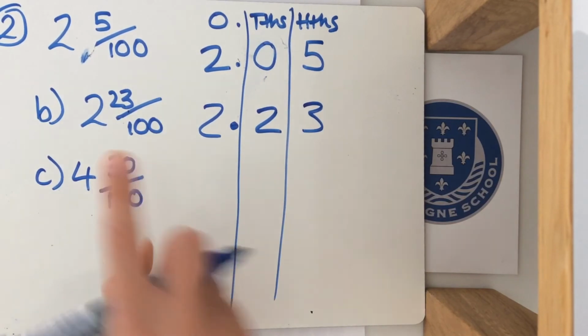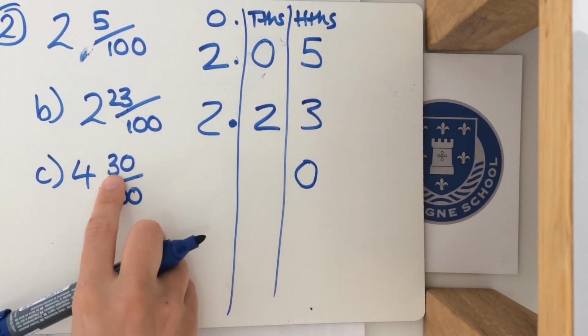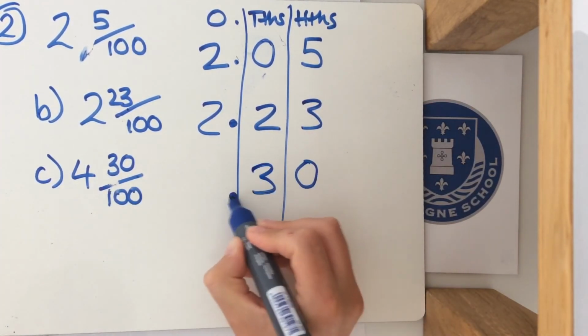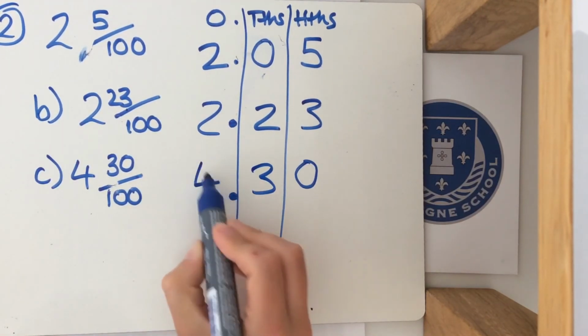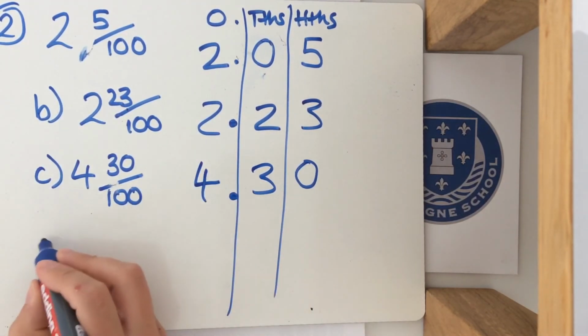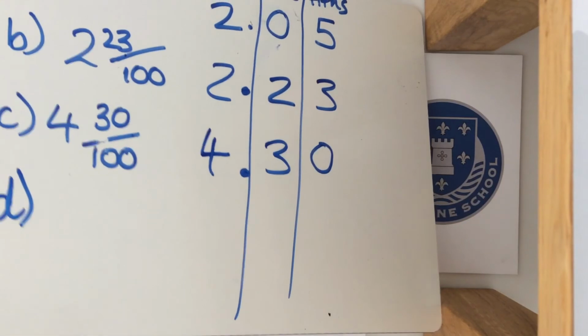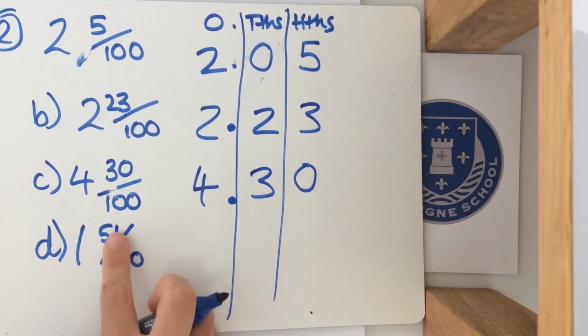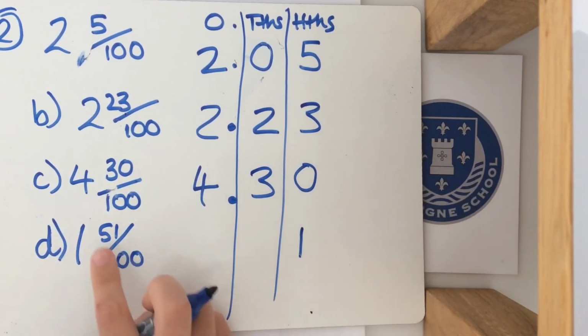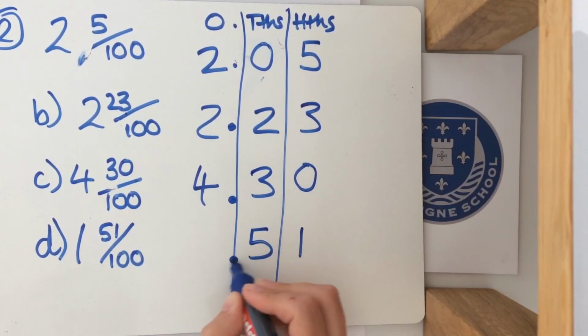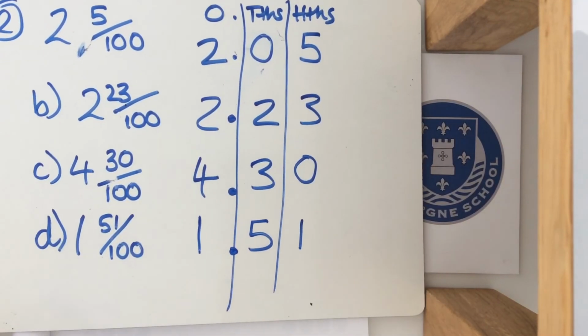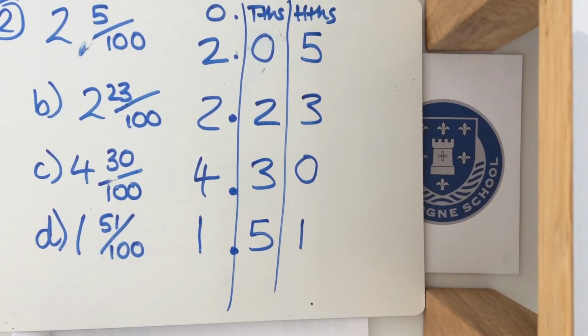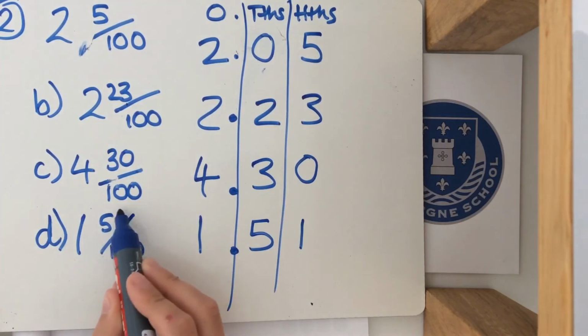So how many hundredths we got? 0, 3 tenths, our decimal point, and 4 ones. And for D, we have 1 and 51 hundredths. Working backwards, we've got 1 hundredth, 5 tenths, decimal point, and 1 whole. So we have 1.51.